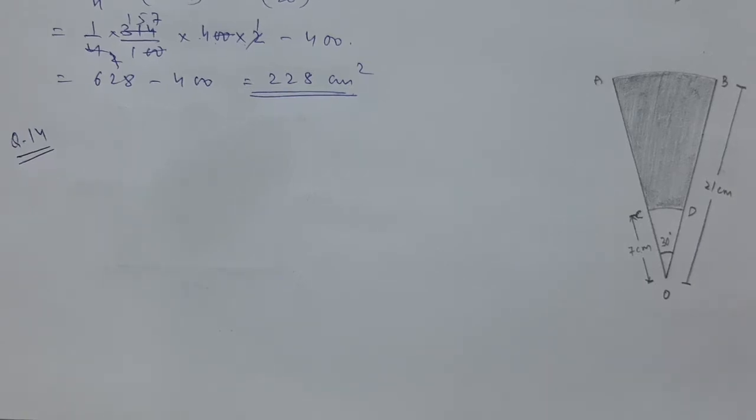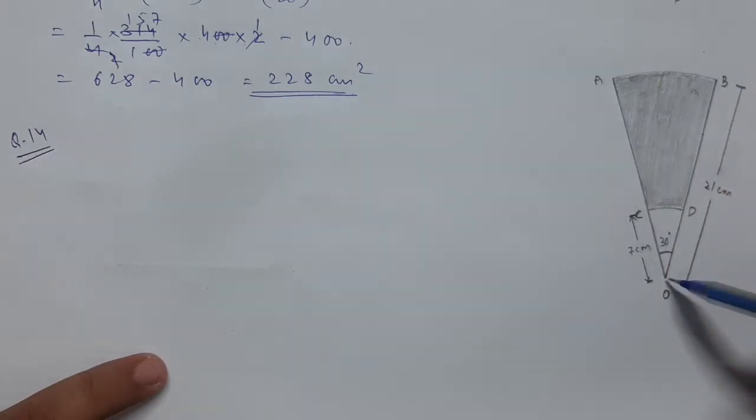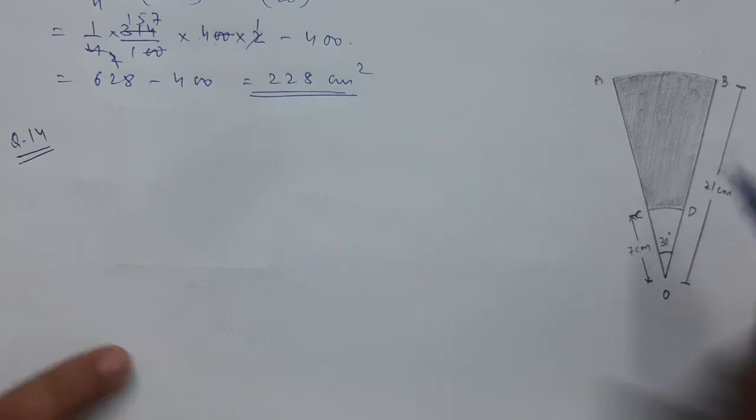A very simple question. This type of question you have already done in sum number 2. See very easily, this is arc and this is the radius. So we can say that it is a sector and this is the smaller sector.